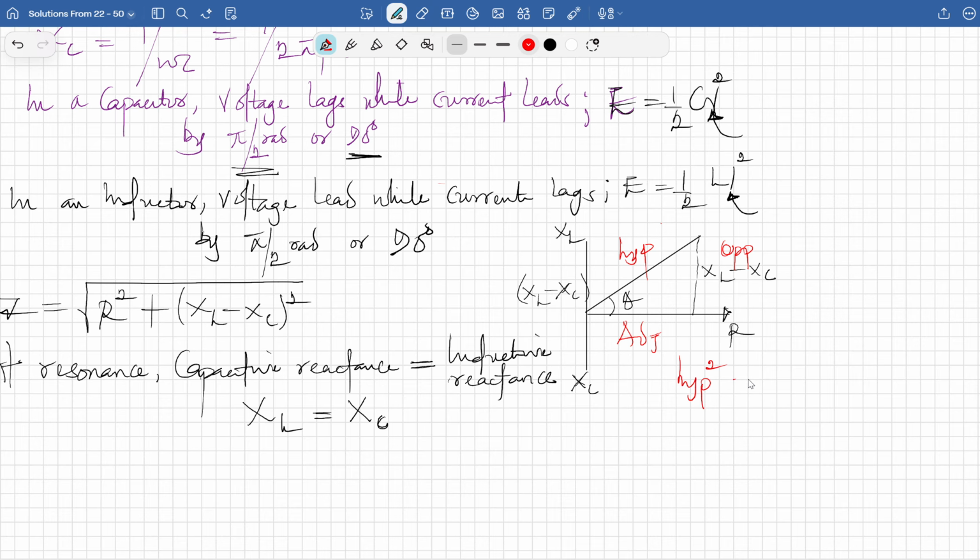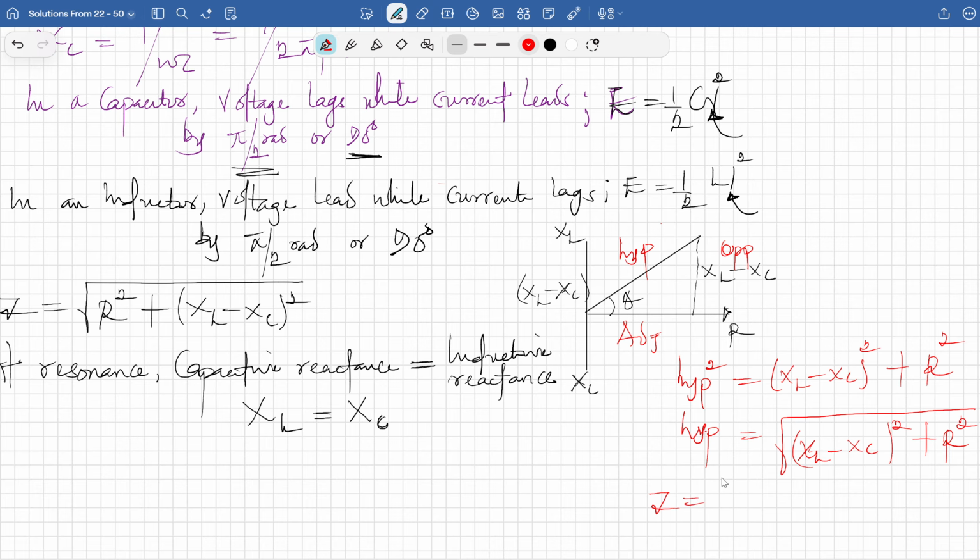Using Pythagoras, hypotenuse square is equals to opposite square, that's XL minus XC square, plus adjacent square, R square. So the hypotenuse will then be equals to the square root of XL minus XC square plus R square. So eventually, this hypotenuse is actually the impedance, okay? It's actually the impedance.